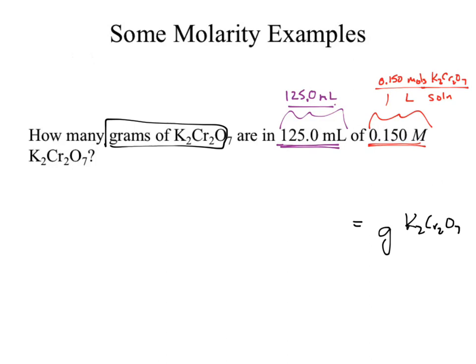Right. It is entirely up to you. I heard a couple people suggest we could start with the 125.0 milliliters of solution. Is milliliters the proper measurement that I want? No. Is the solution the proper substance that I want? No.